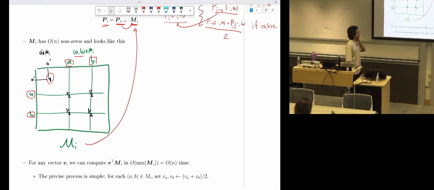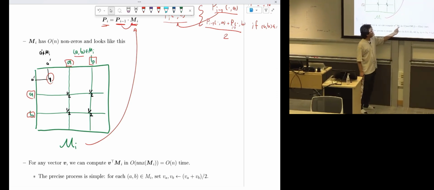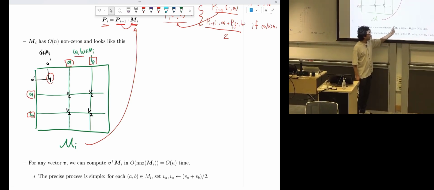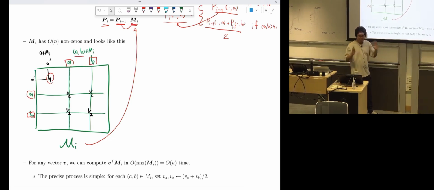And actually for MI here, for this particular matrix, you can even think of a really simple process to multiply V to MI. How? The concrete process really is just this.